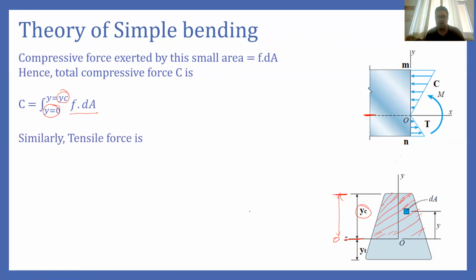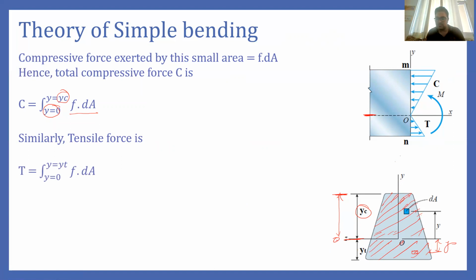Similarly, if we want to find the total tensile force, we also have to take a differential element in the tensile region. For example, if we take this differential element in the tensile region, again at a distance y from the neutral axis, we can do it in the same manner.